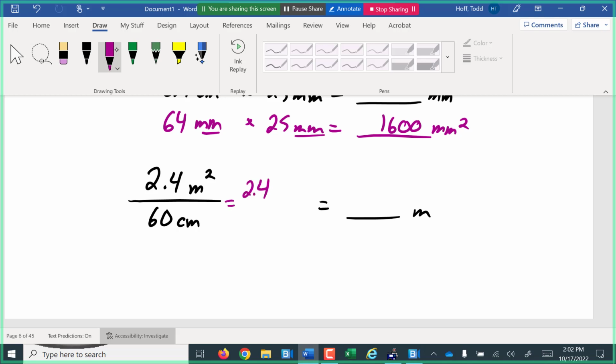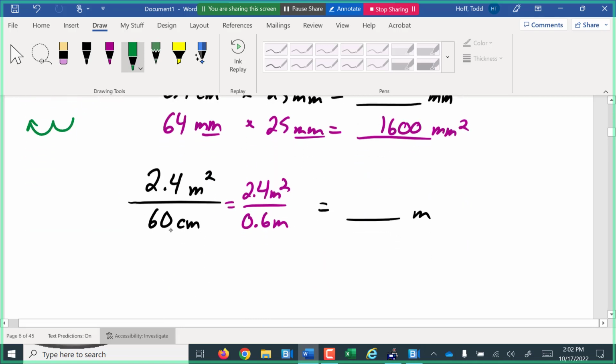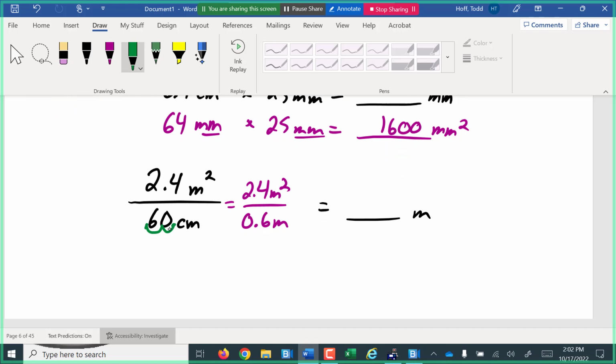So the 2.4 meters squared doesn't change. 60 centimeters becomes how many meters? From centimeters to meters is 2 spots to the left. So that decimal point has to go 2 spots to the left. So it is 0.6. So now 2.4 divided by 0.6 is 4. Meters squared divided by meters is just meters.